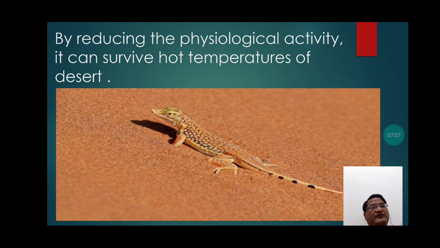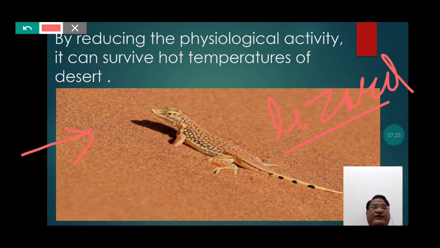By reducing the physiological activity, it can survive hot temperatures of desert. So students, here you can notice in this picture there is a diagram of a lizard where the lizard is reducing the physiological activity so that it can survive the hot temperature of the desert.